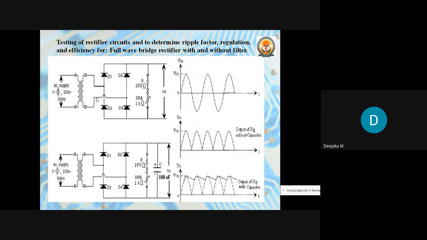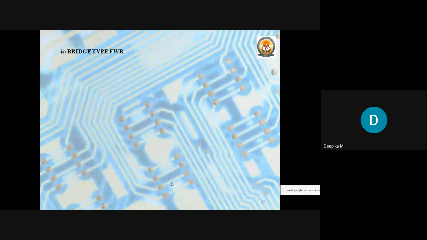So the current will flow from the transformer to D3, to the load and the resistor, then to D2 and to the transformer again. Like this the circuit connects, and you are going to get the output voltage in this form. If you use the filter, the output waveform is smoothened, and you get a better waveform with respect to the DC. So this is the bridge wave rectifier.